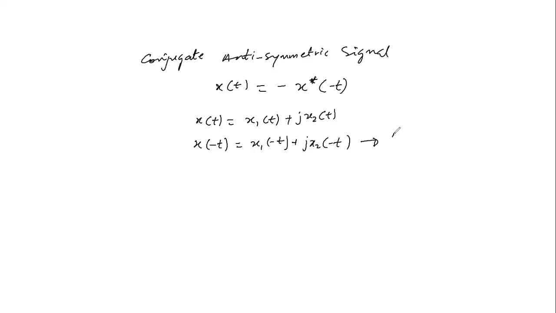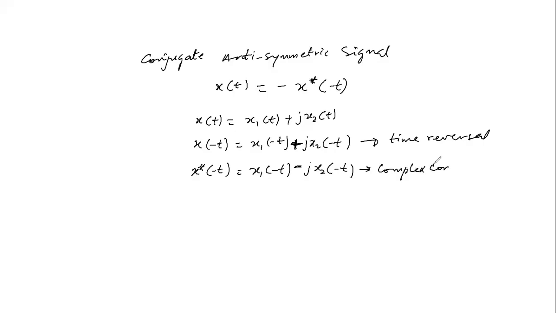Here we've performed time reversal. Afterwards, we take the conjugate of the time reverse signal, which is S1 of minus t minus jS2 of minus t. So this is the complex conjugate of the time reversed version.